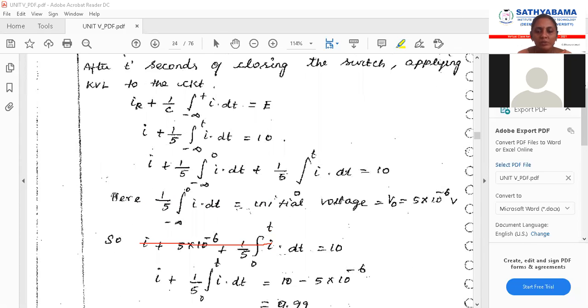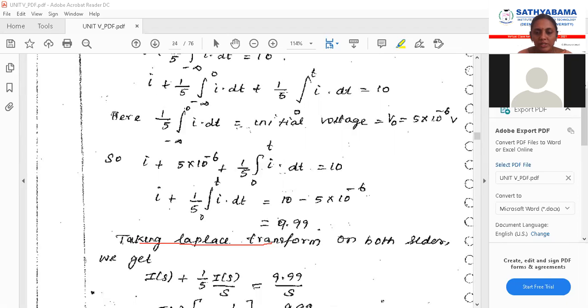Now we are going to substitute that value here. Now here we are substituting I plus 5 into 10 power minus 6. 5 into 10 power minus 6 is the initial voltage we had calculated, V naught is equal to Q naught by C. That value is substituted here, plus 1 by C integral of 0 to t I dt is equal to 10.